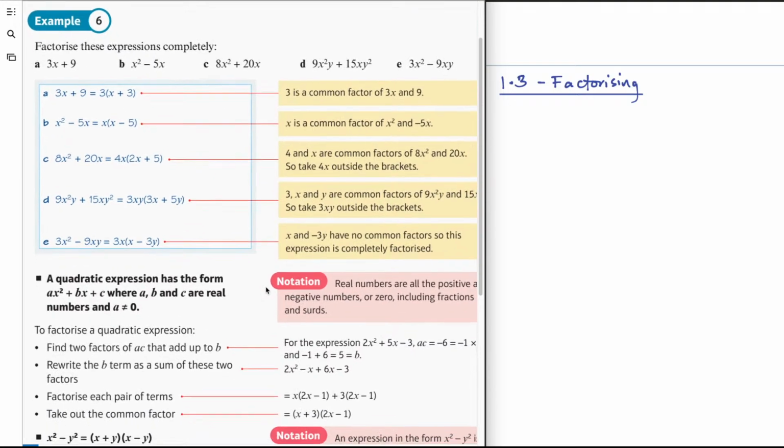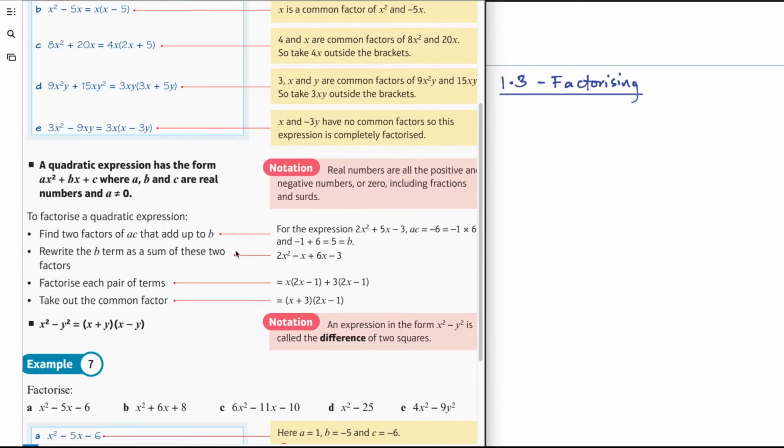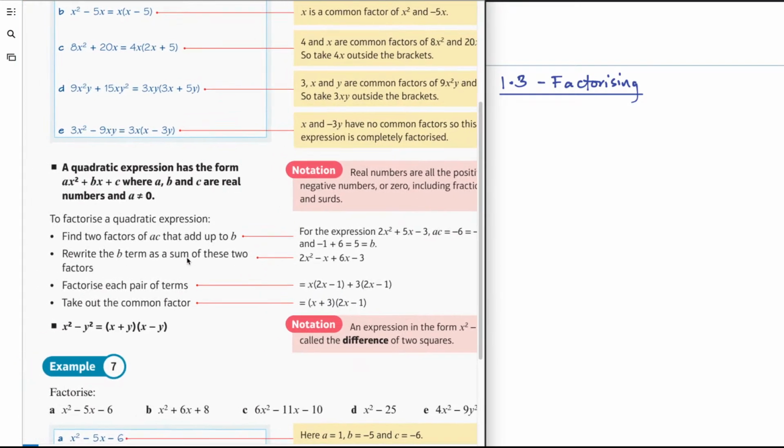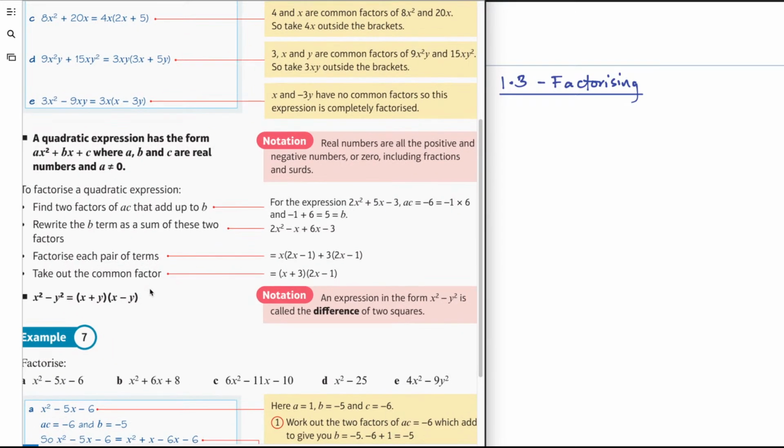Also, you should know how to factorize quadratics. A quadratic expression has the form ax^2 + bx + c. To factorize a quadratic expression, find two factors of ac that add up to b. Rewrite the b term as the sum of these two factors, factorize each pair of terms, and take out the common factor.